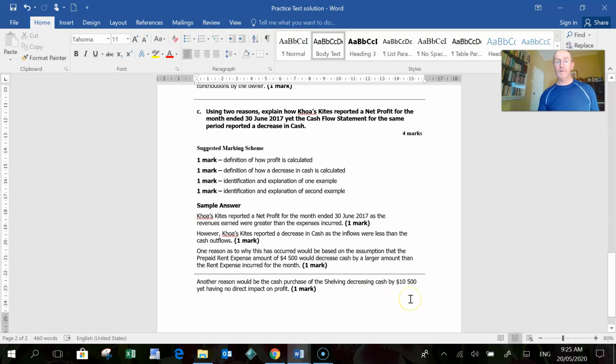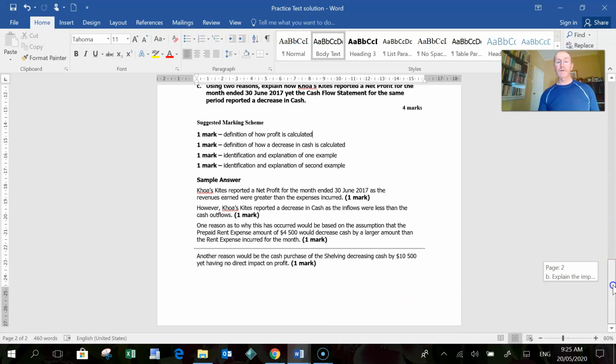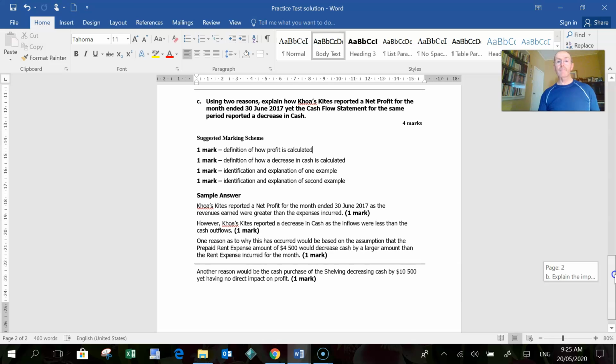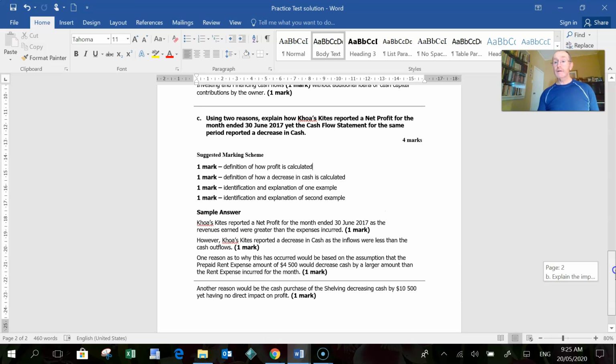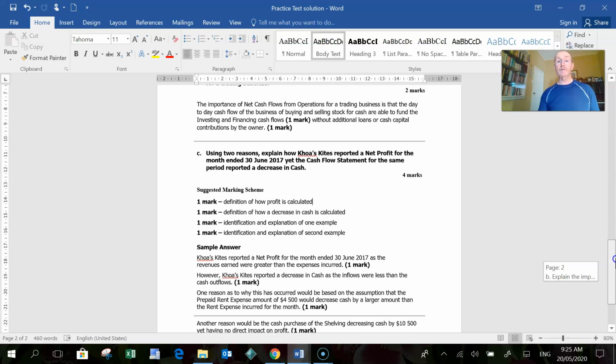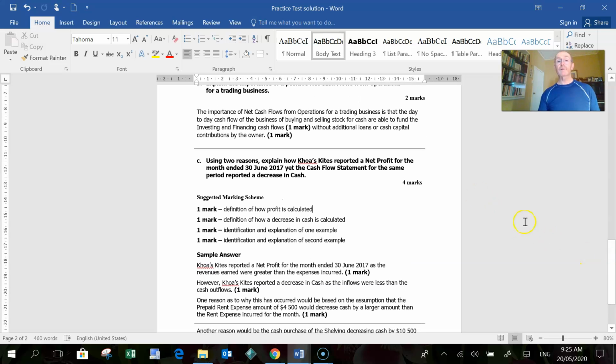So shelving, repayments of loans, drawings, etc., all decrease cash, but don't affect profit. Right, so fairly straightforward question. So I'll put that one up and I'll change a few of those names from stock to inventory and so on, and you can check that one off as well. But hopefully you would have found that one fairly straightforward. And as I said, that's similar to the SAC I did a couple of years ago.